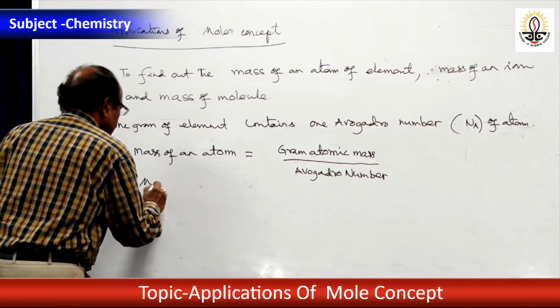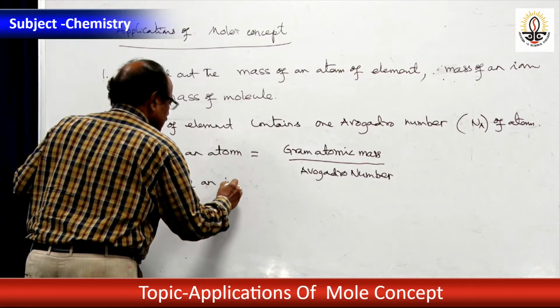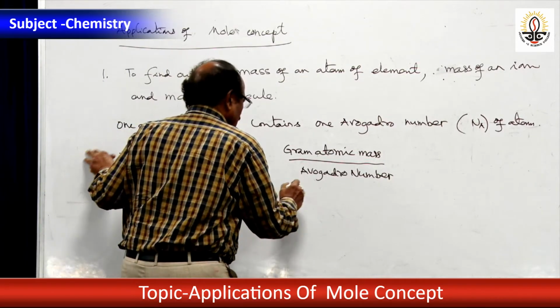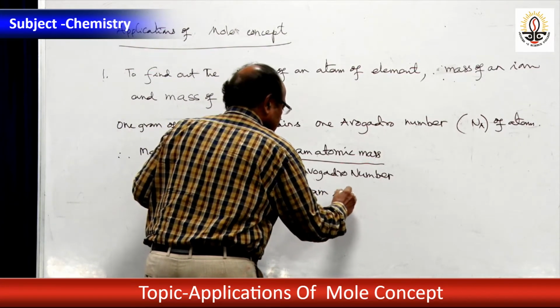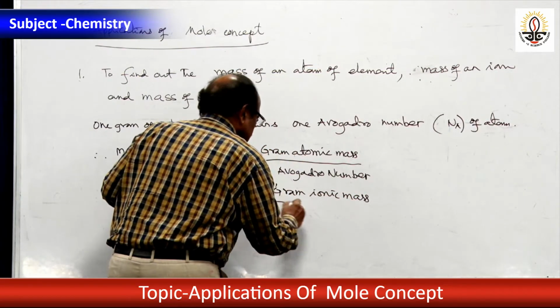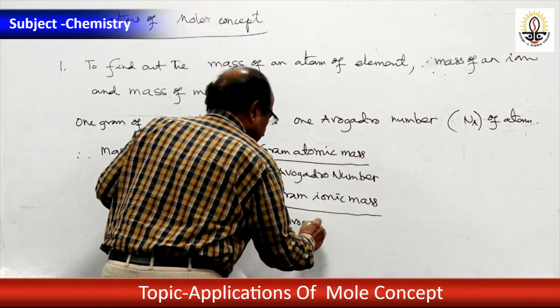Similarly, mass of an ion, mass of an ion is what? Gram ionic mass by Avogadro number.